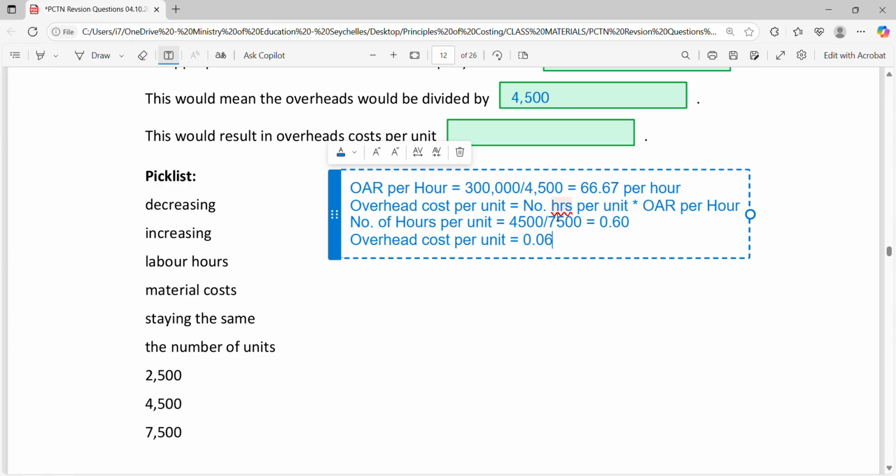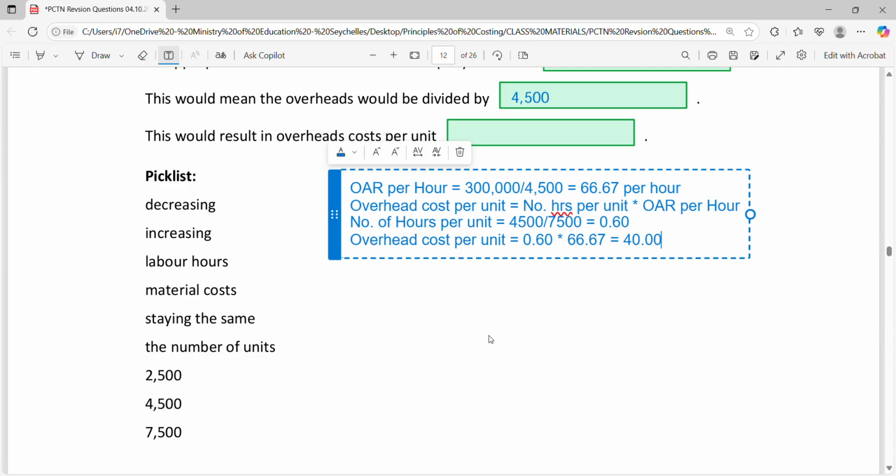Okay, so we'll come back to this one now. The overhead cost per unit would now be the number of hours per unit, which is 0.60, multiplied by the overhead absorption rate per hour, which is 66.67.